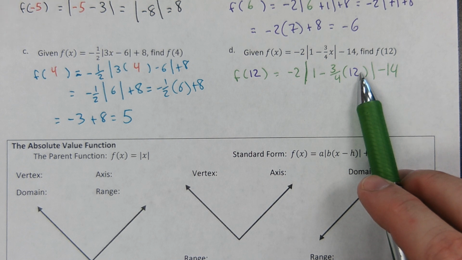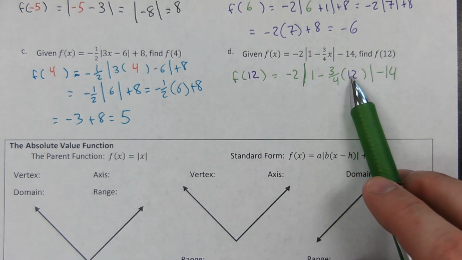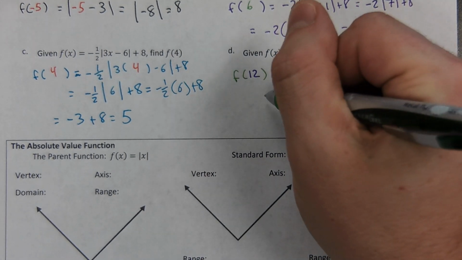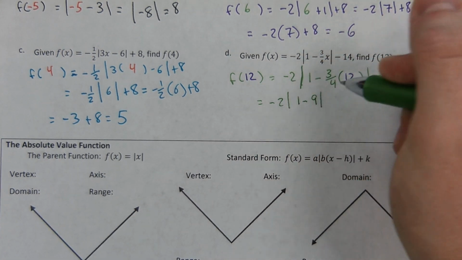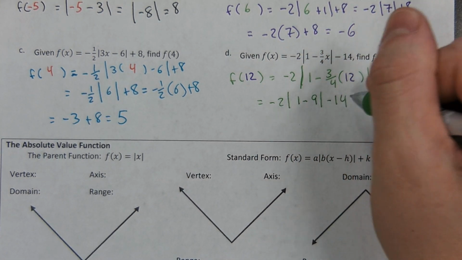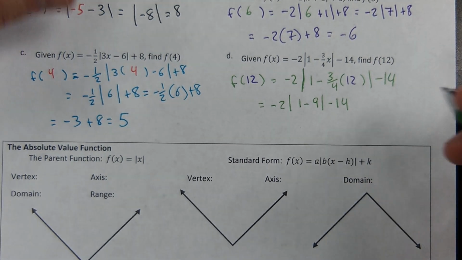If you're not sure, it's half of a half. Anyway, 1/4 of 12 is 3. So 3 of those 3s get you 9. One minus 9 is -8.